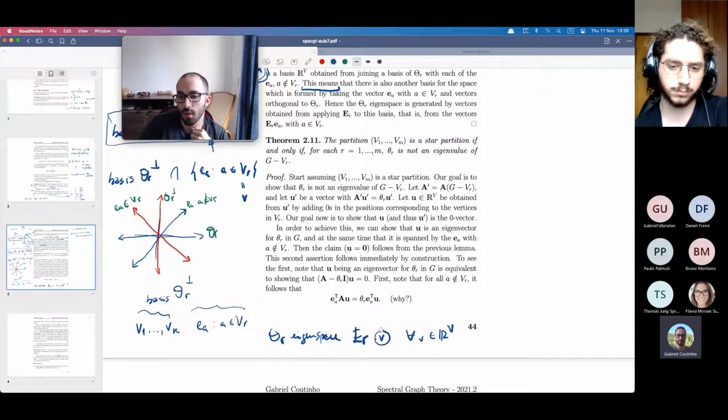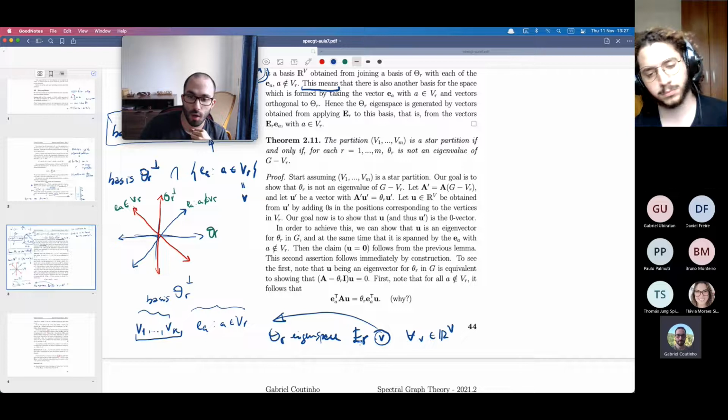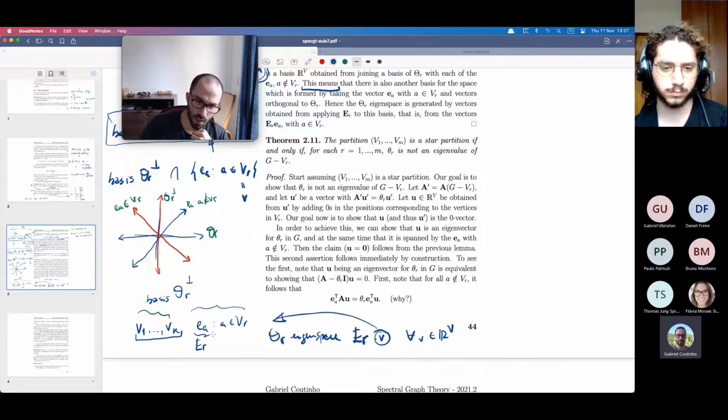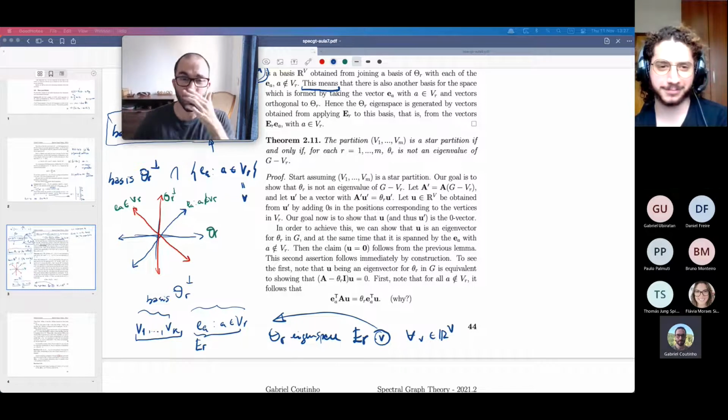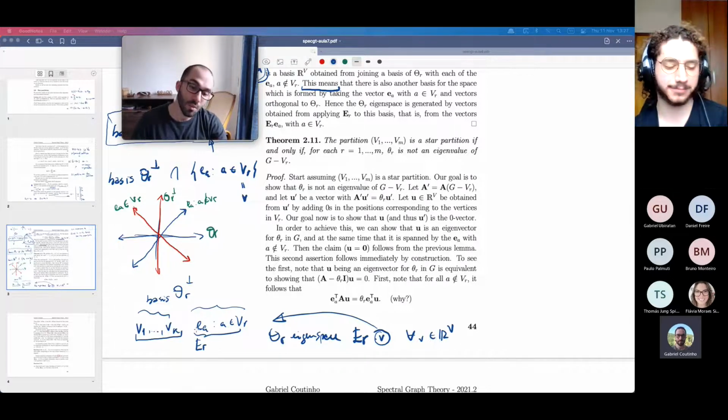Now, this guy here, written in terms of this basis, these guys will die when I apply e sub r to them. The only thing that remains is e sub r applied to these guys. So this will generate the theta r eigenspace.